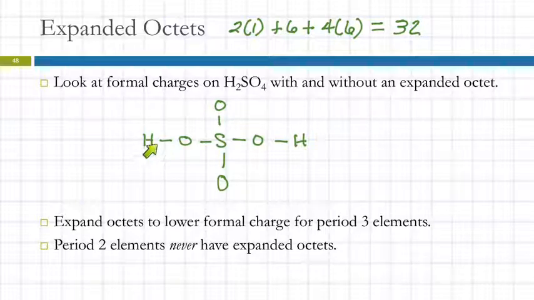So I've got 2, 4, 6, 8, 10, 12, 14, 16, 18, 20, 22, 24, 26, 28, 30, 32. Yay! Right? Octet rule, awesome, move on. No, what are the formal charges?